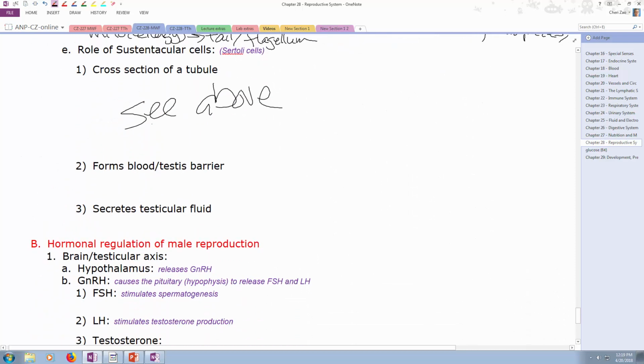What is important for you to realize about Sertoli cells is that these are exceedingly large cells that extend from the basement membrane all the way to the lumen. Basement membrane is there at the tubule wall.